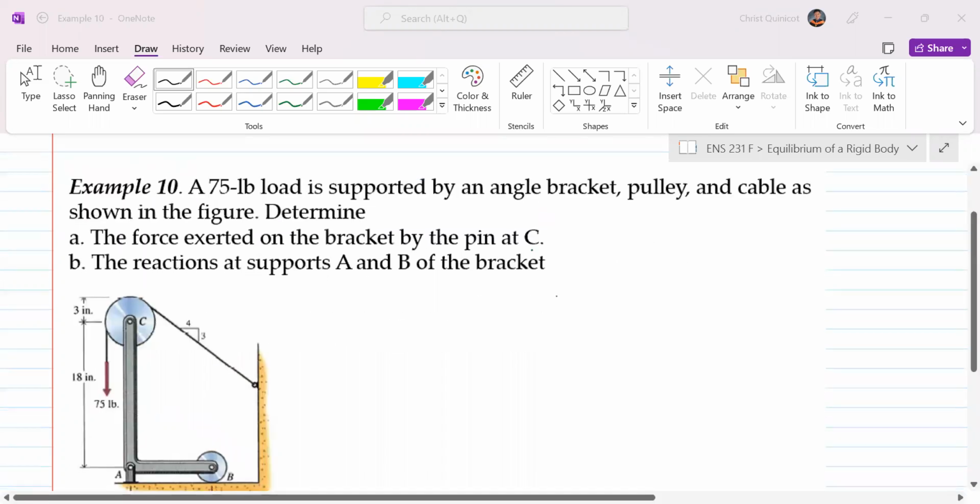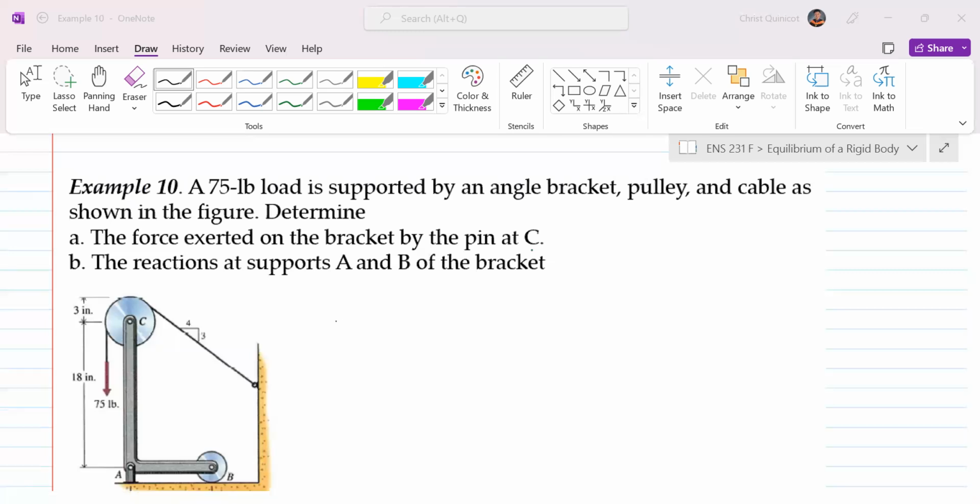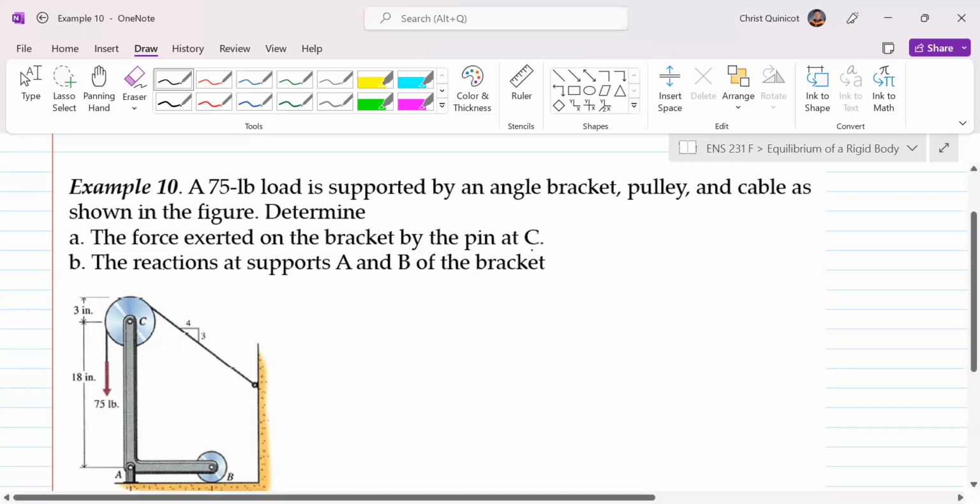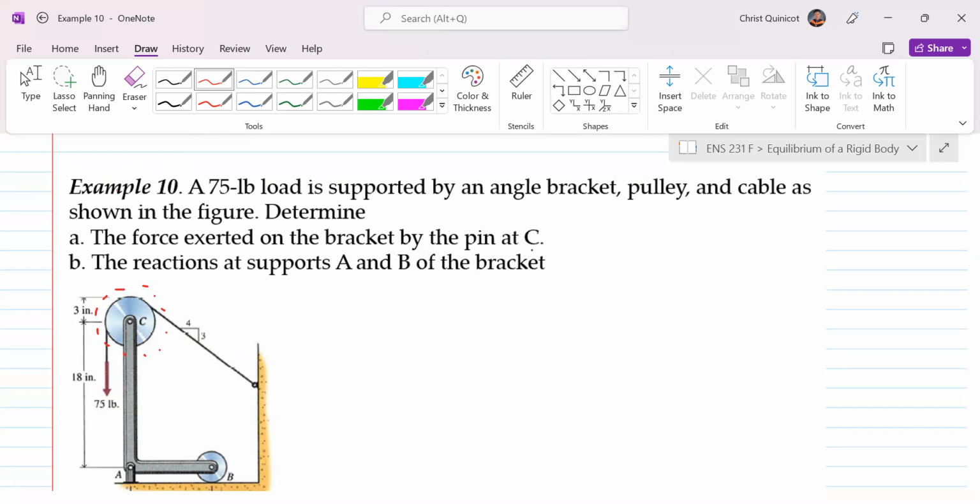Okay, so what we're going to do is first isolate this part here, isolate this part, and create its own free body diagram. And then next would be the angle bracket.